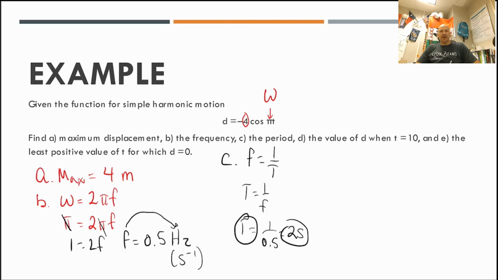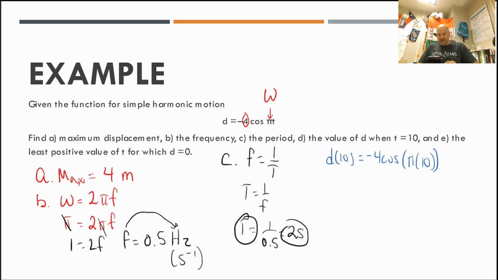All right, next part, the value of d when t equals 10. So d of 10 equals -4 cosine pi times 10. Typically, you would keep your calculator in degrees, but this is a case where you need to make sure you're in radians. So I'm going to make sure I'm in radians before I do this calculation.